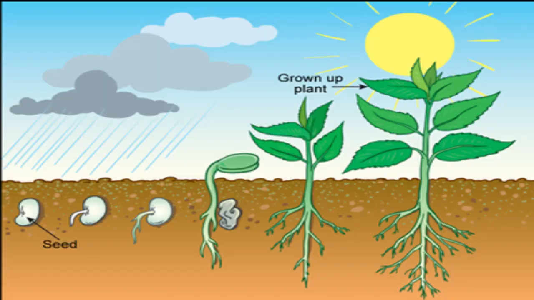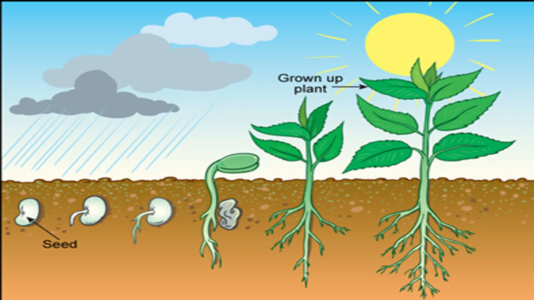You can see that there is a tiny seed that is being buried in the ground. Now this seed grows into a baby plant, just like you can see in the picture, and produces a stem.